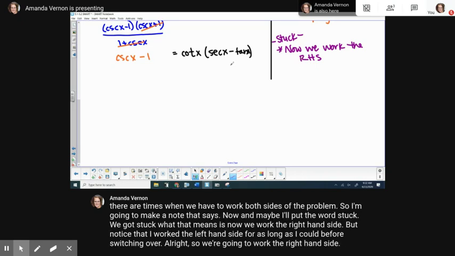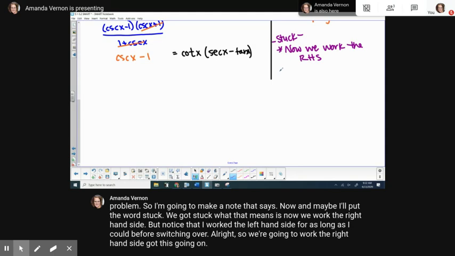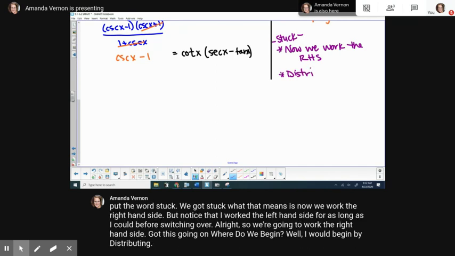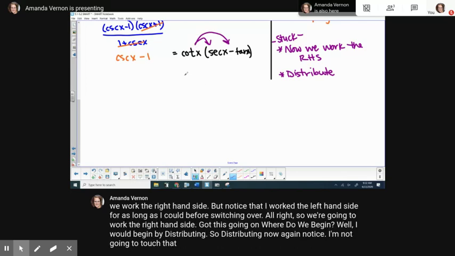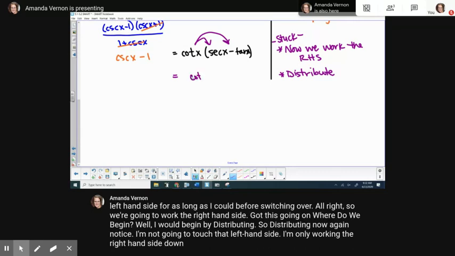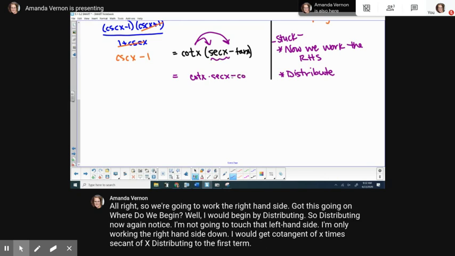We've got this going on. Where do we begin? Well, I would begin by distributing. So distributing, now again, notice I'm not going to touch that left-hand side. I'm only working the right-hand side now. I would get cotangent of x times secant of x, distributing to the first term, minus cotangent of x times tangent of x.